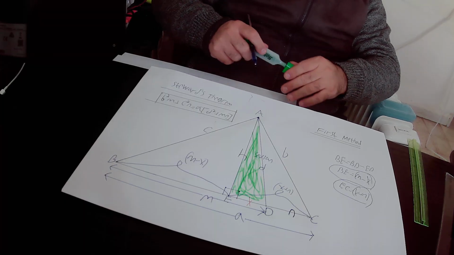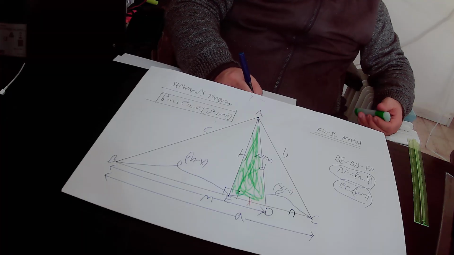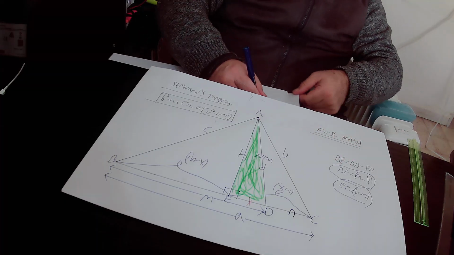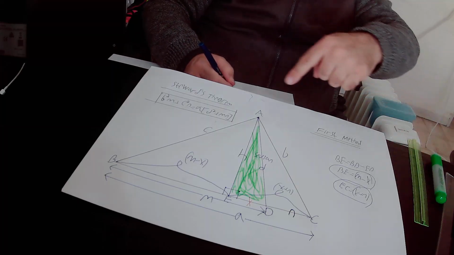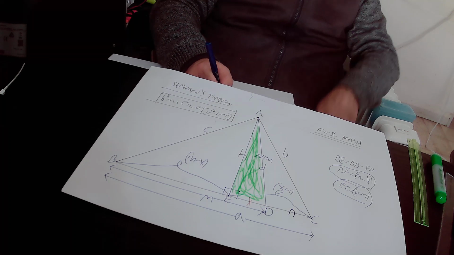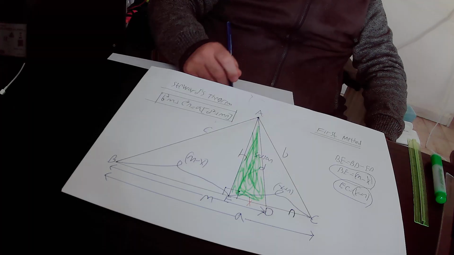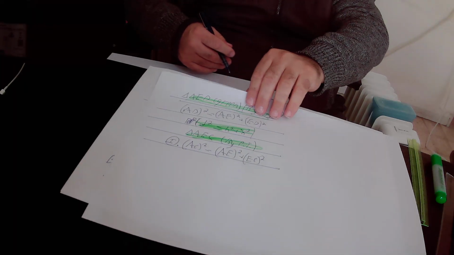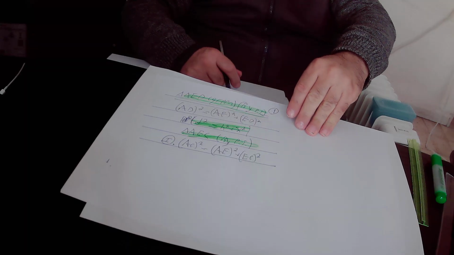In the right triangle AEC, according to the Pythagoras theorem, AC squared equals AE squared plus EC squared. This is equation number 1.